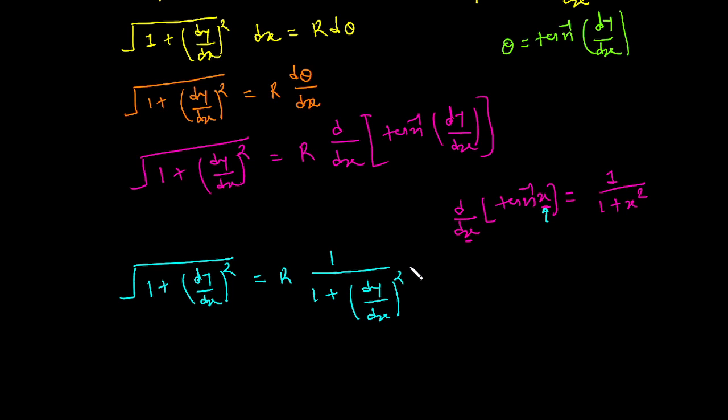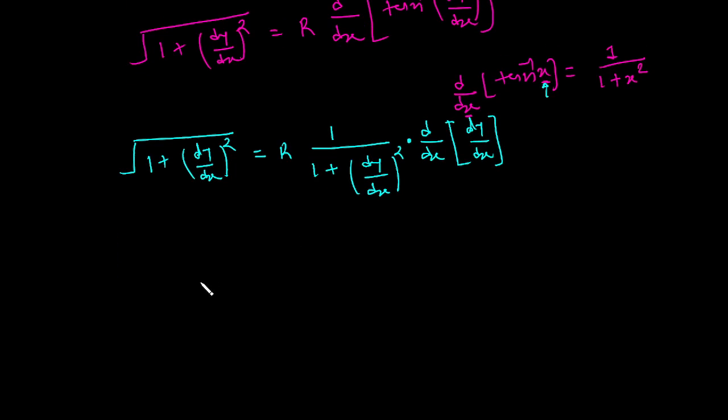I also have to multiply by the derivative of the inner function, because it is a composite function of tan inverse and dy by dx. So I use the chain rule and differentiate the inner function, which is simply dy by dx. Now let's simplify this again.